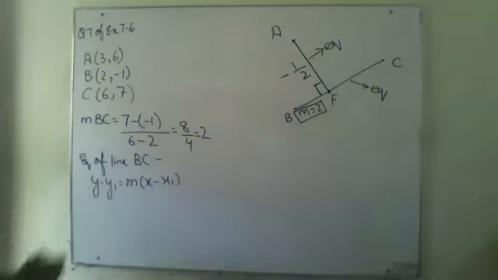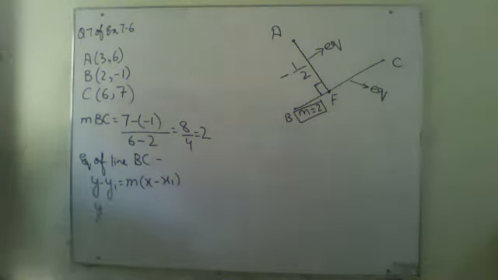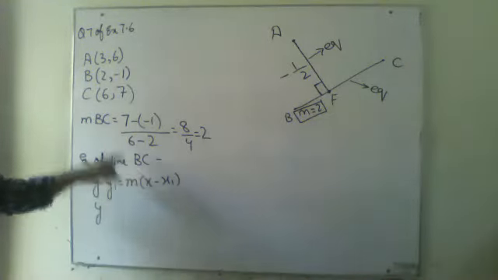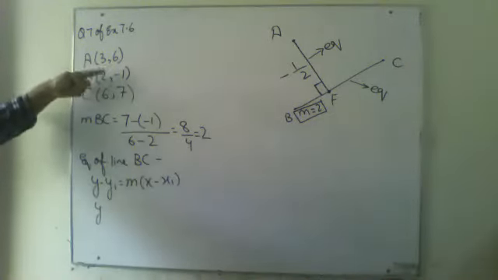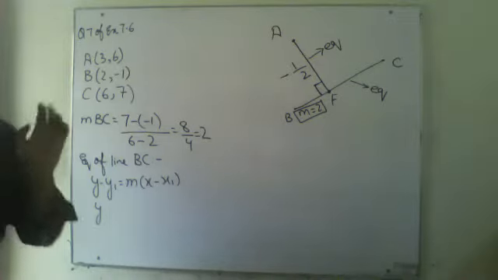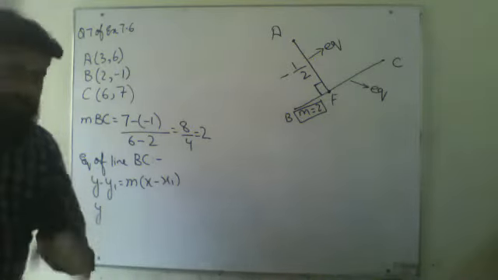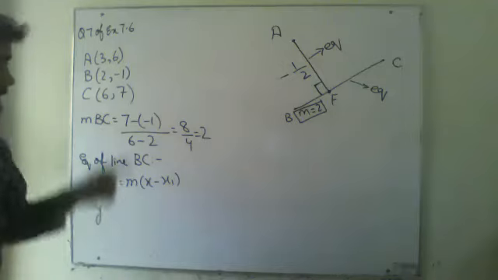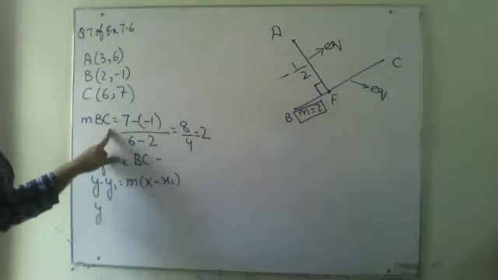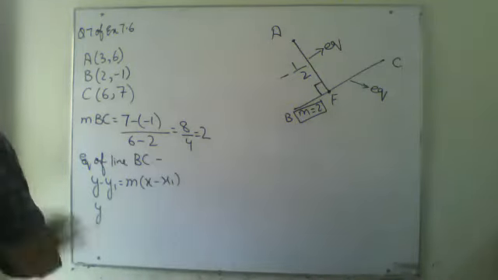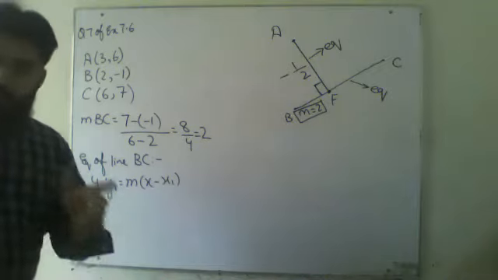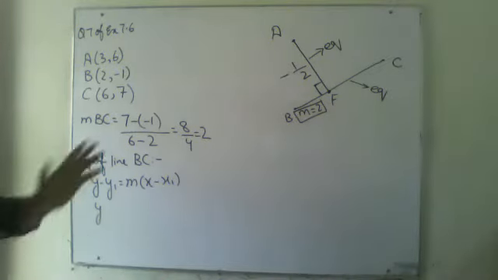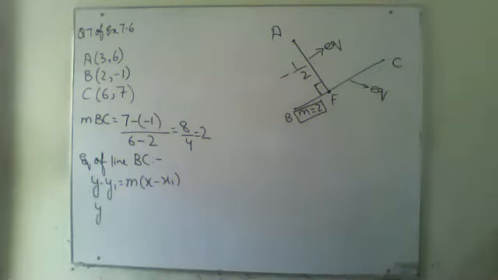So y will remain y. Now B and C, both coordinates are given. It's totally your choice, whichever you want to put over here, either B coordinate or C coordinate, to get your answer. I'm going to solve it by both, so you can get the idea, whatever I take, the result will be the same.